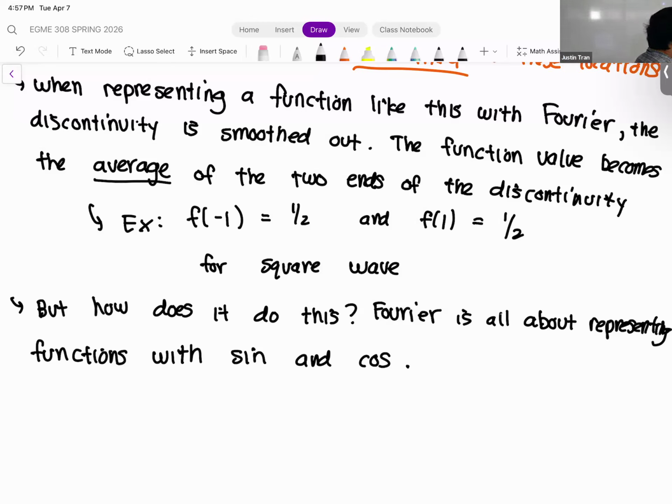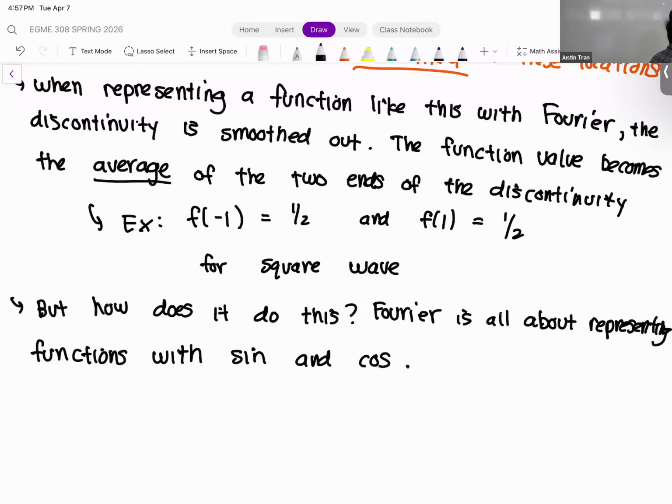So Fourier series, Fourier transforms are saying that you can take any function and represent it by summing up a bunch of sines and cosines. And just by their nature, because sine and cosine are continuous functions, when you add up a bunch of continuous functions, you end up with a continuous function. So that's how it works.